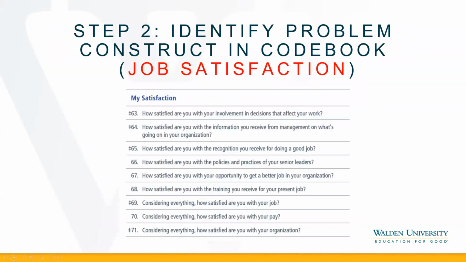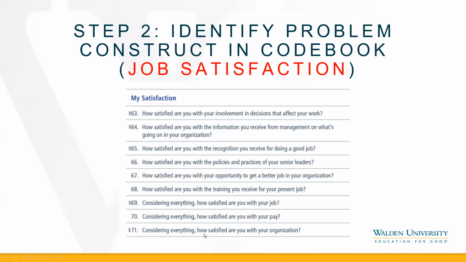Now, let's assume that we're looking in this data set and we are looking at the items, the actual questions that are being asked in this survey. And we know undoubtedly that this survey has collected data on job satisfaction. We see this and we know that we can measure job satisfaction.